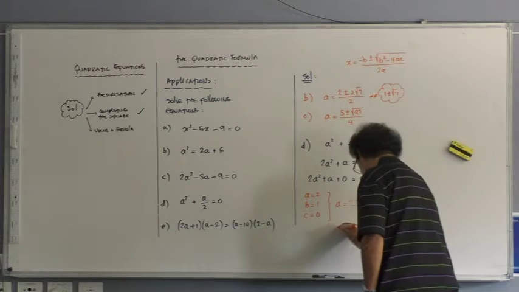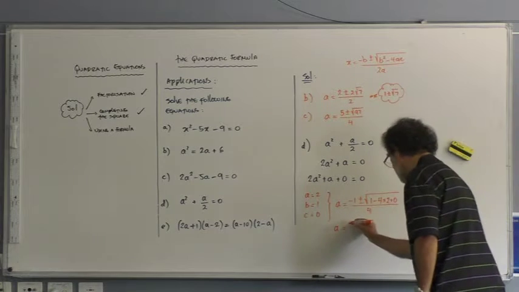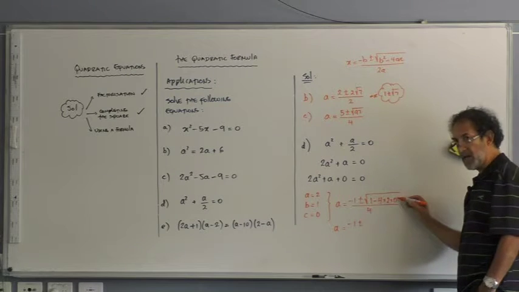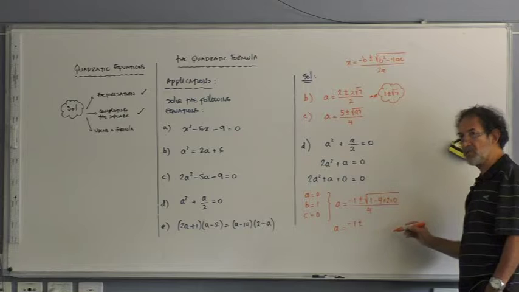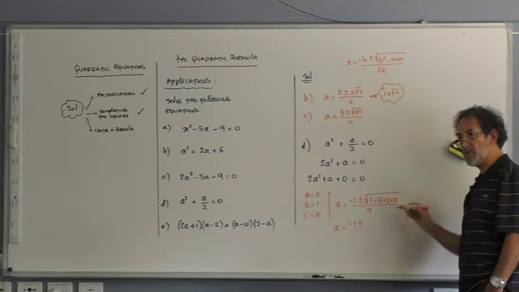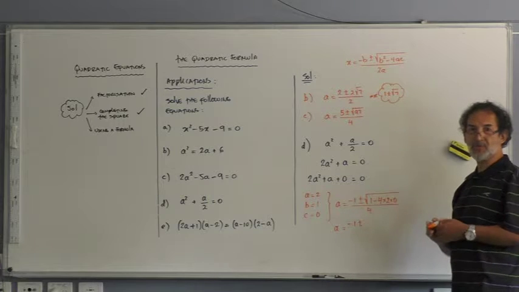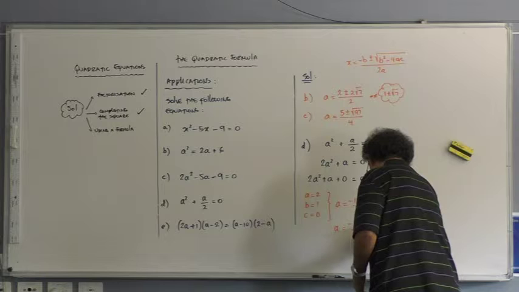Okay, and then from here you're going to have that a is equal to minus 1 plus or minus, can you see that what we have under the square root is going to be equal to 1, so we're going to have the square root of 1. Now, what is the square root of 1? 1. All right, and then all over 4.